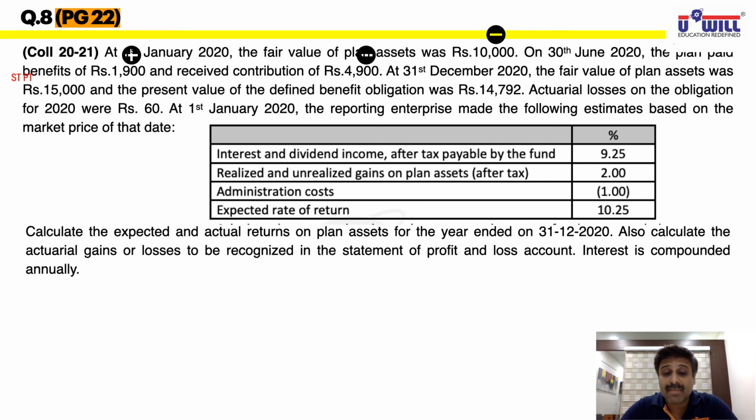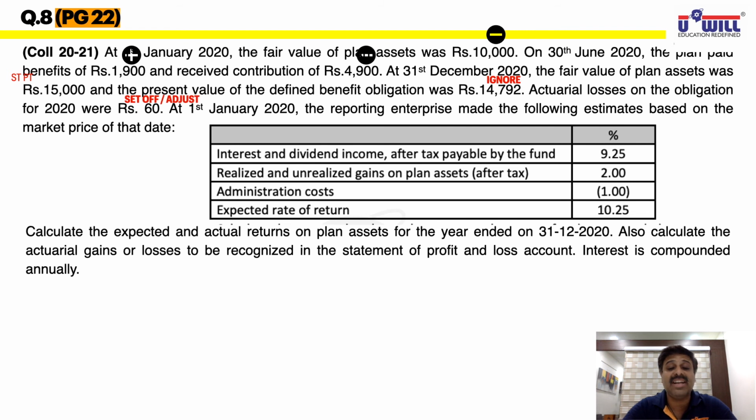Present value of defined benefit obligation is 14,792. Ignore it. Present value of defined benefit obligation means we have to accumulate 14,792 for the employee who is going to retire in future. Okay, it is the present value of our liability. In today's value, we have to keep aside 14,792 for the employee who is going to retire. Ignore that. Actuarial losses on the obligation of 2020 were rupees 60.